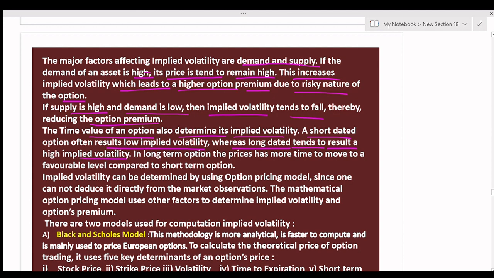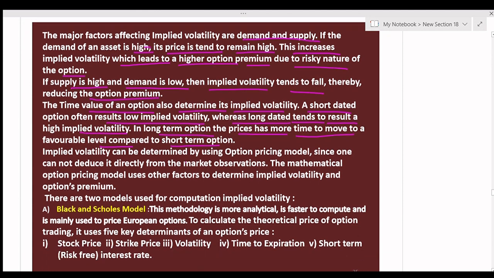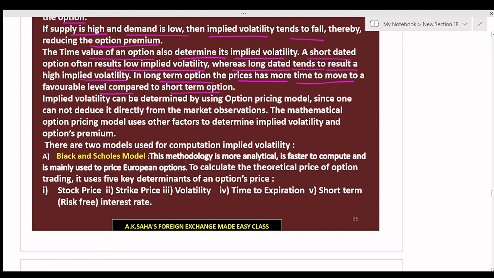In a long-term option, the price has more time to move to a favorable level compared to a short-term option, and the effect of volatility is much higher than in the short-dated option.